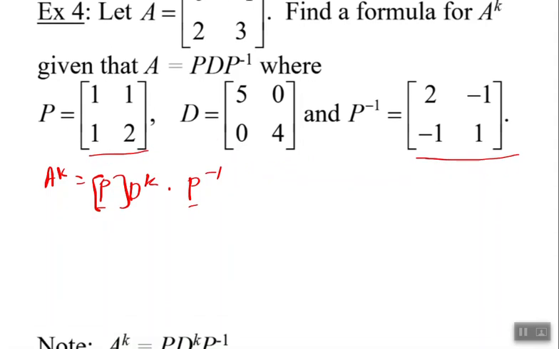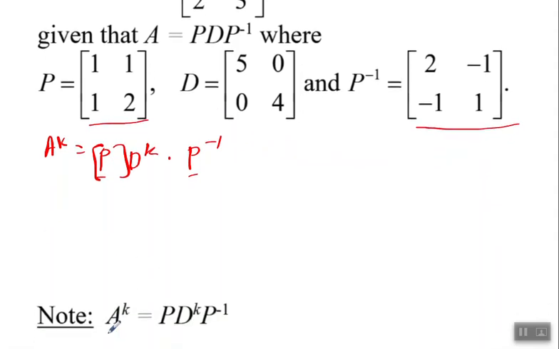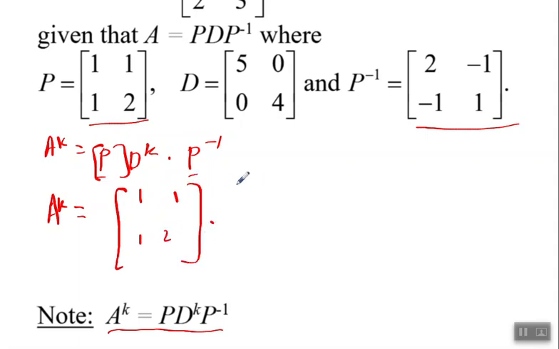So there it is right there. There was the note right there. So we know what D to the k is. So A to the k for any power is going to equal 1, 1, 1, 2 times D to the k.